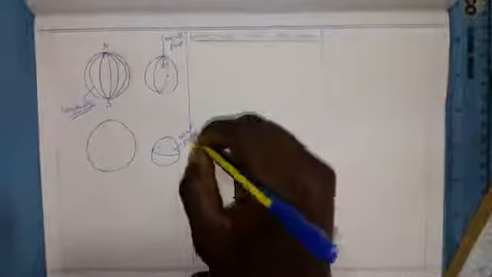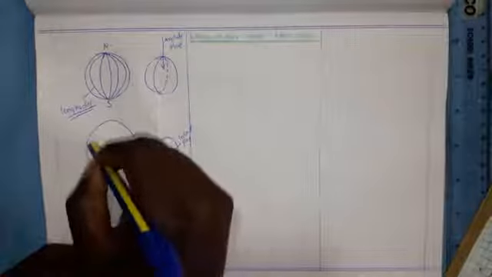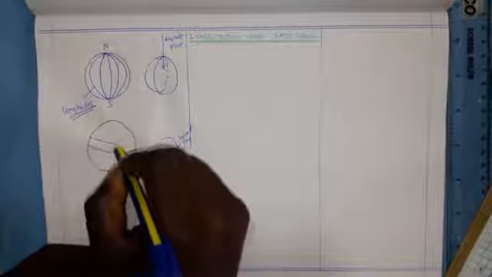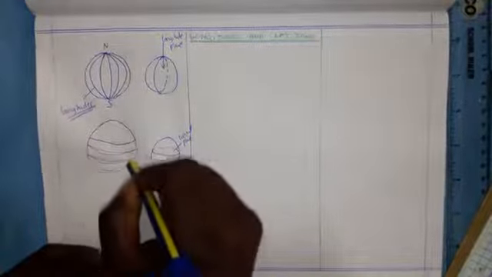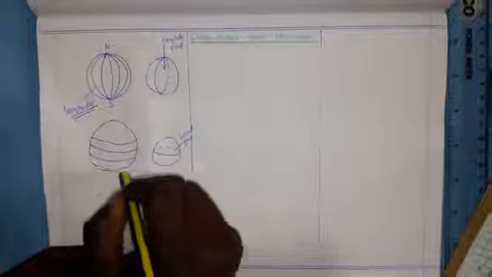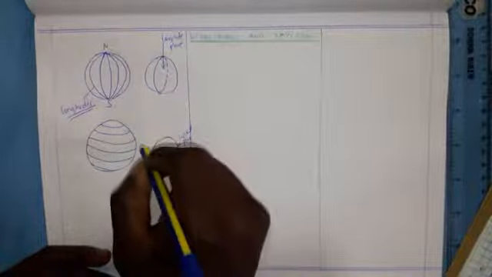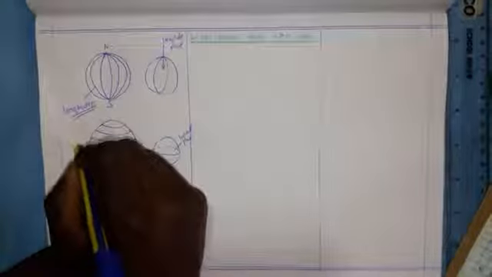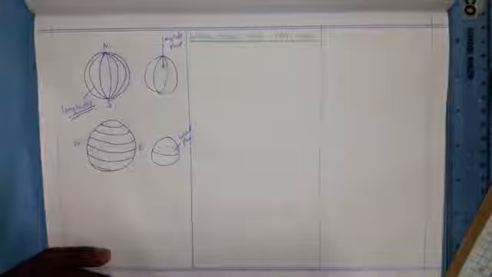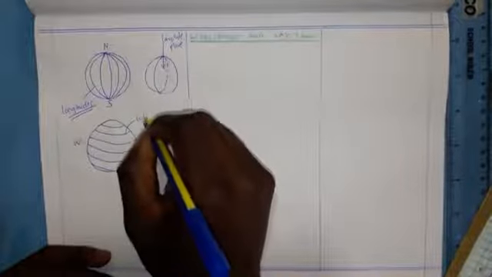So after getting the latitude plane, all the lines that are drawn on the surface of the Earth that run parallel to that particular latitude plane are what we call latitudes. They run from east to west. So that is what we term as latitudes.